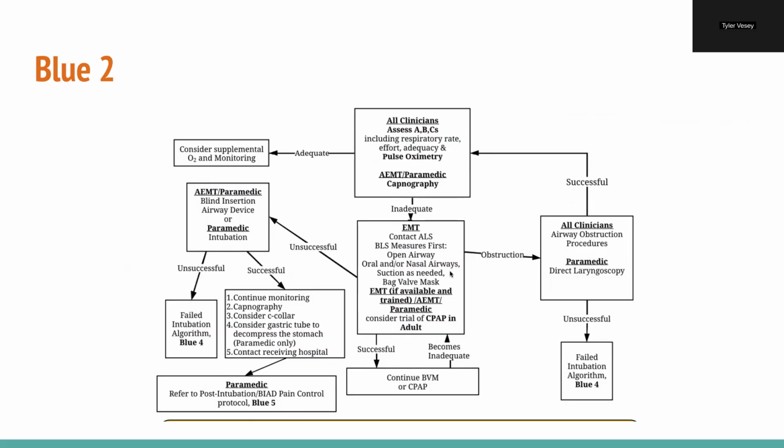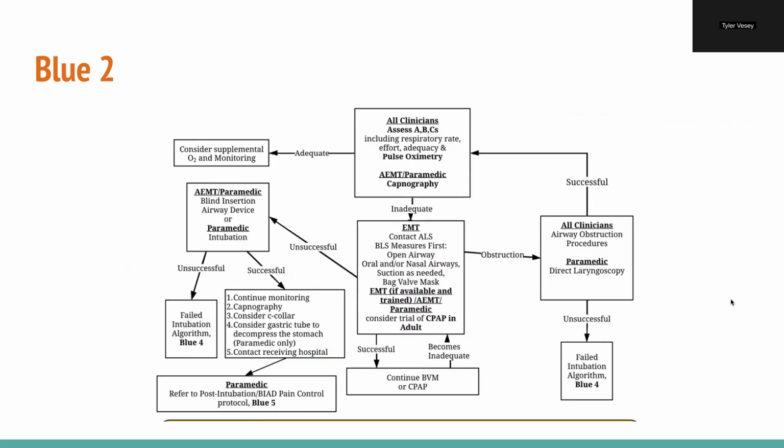And remember, if we have an obstruction, we can follow the airway obstruction procedures, the Heimlich maneuver. If they're unresponsive, we're going to use the video or the laryngoscope and our McGills to try and fish out whatever's there. So yeah, that's our airway algorithm.